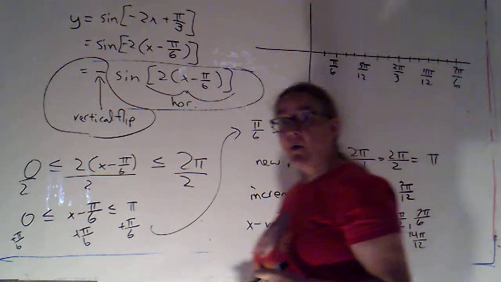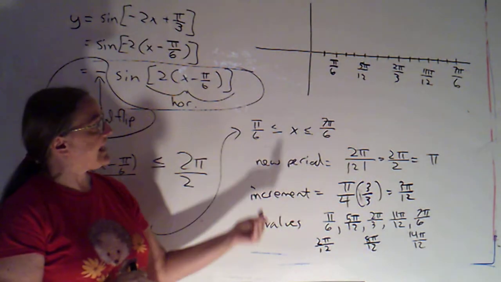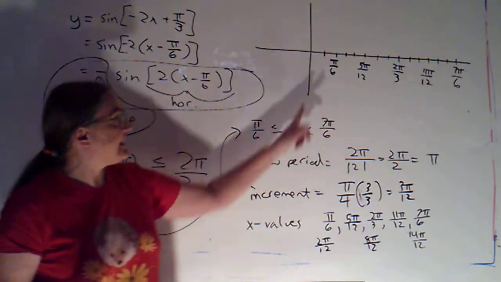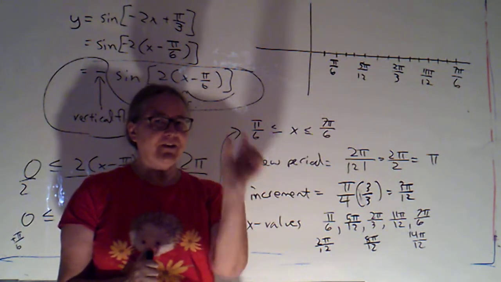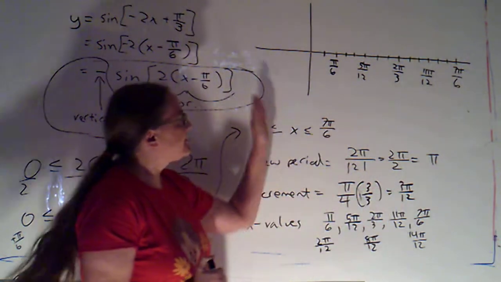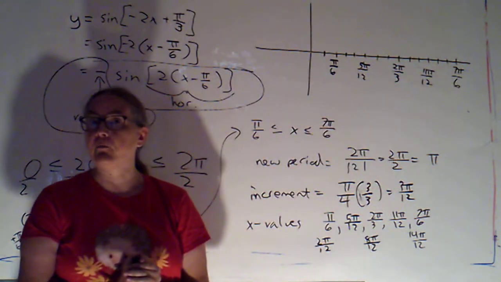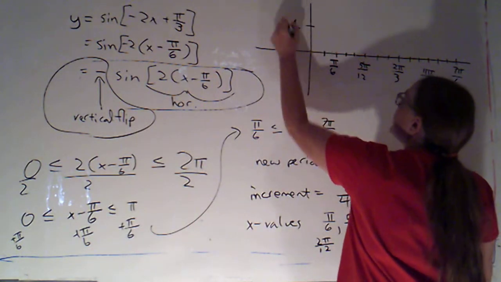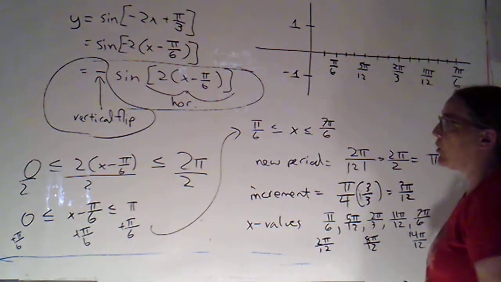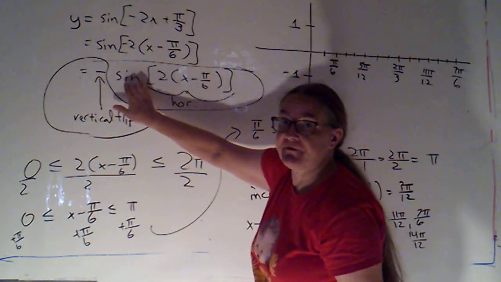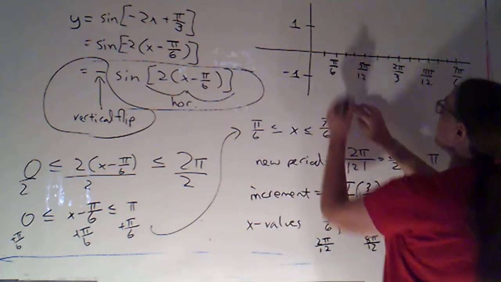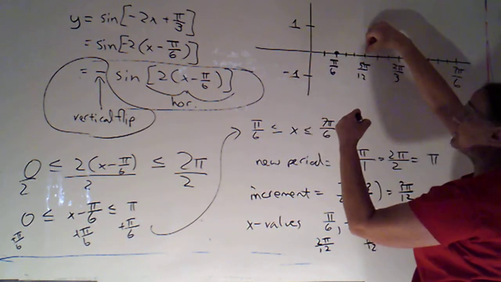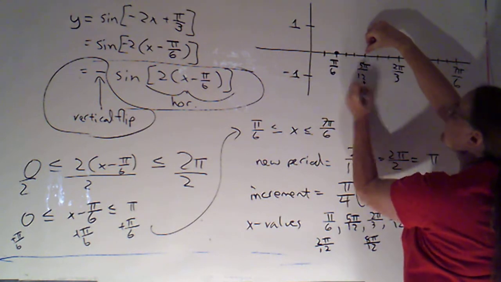So notice the tick marks that you draw don't necessarily have to only coincide with the x values that you're marking off. In this case, pi over 12 gave me that common denominator, so marking that off I found fairly helpful. Okay, so now I know that my high value is 1, middle is 0, low value is -1, but we've done a vertical flip of sine. Now sine always starts in the middle, so at pi over 6 we'll be at a middle value of 0, but then since we've done a vertical flip, we're going to go down instead of up.